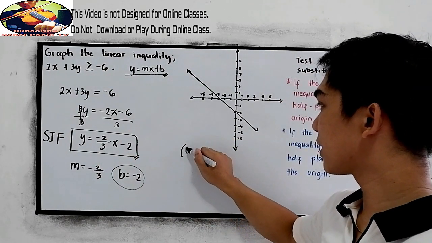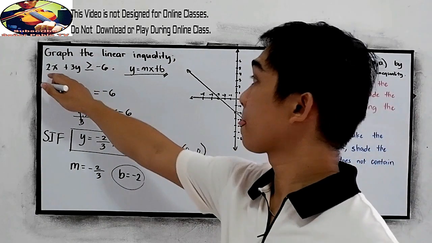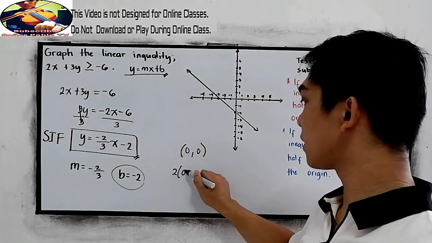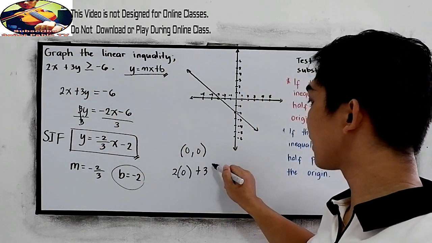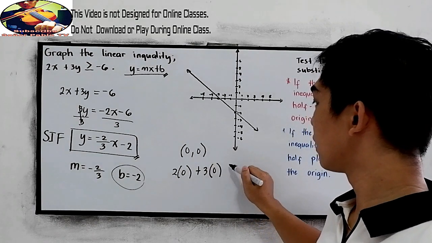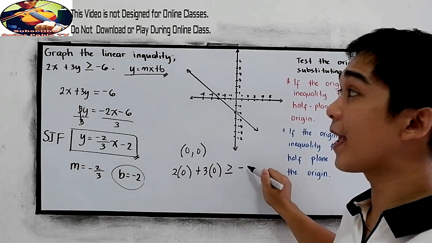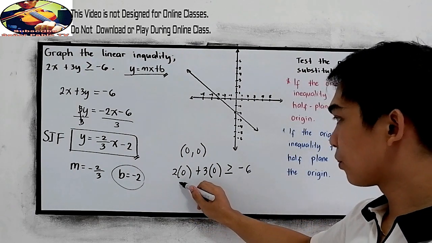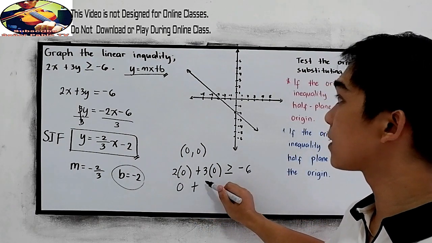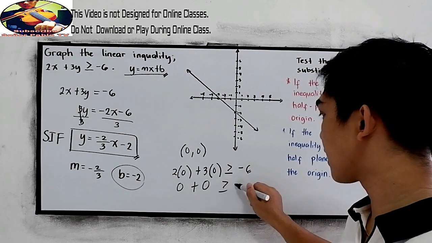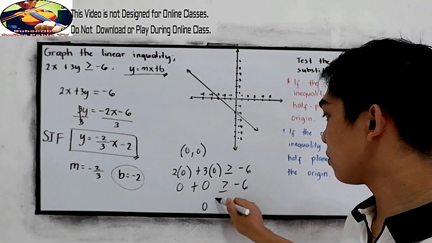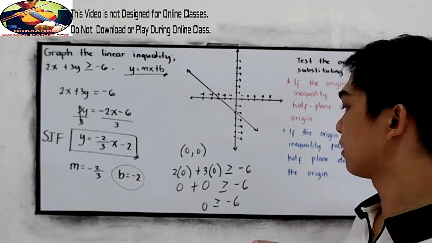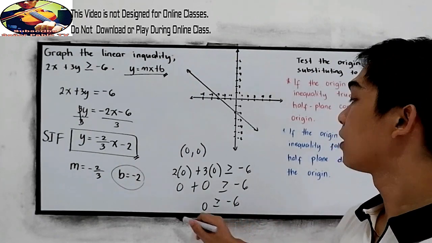So test (0, 0): 2 times 0 plus 3 times 0 greater than or equal to negative 6. So 2 times 0 is 0 plus 0, is 0 greater than or equal to negative 6? Is it true or false? It is true.